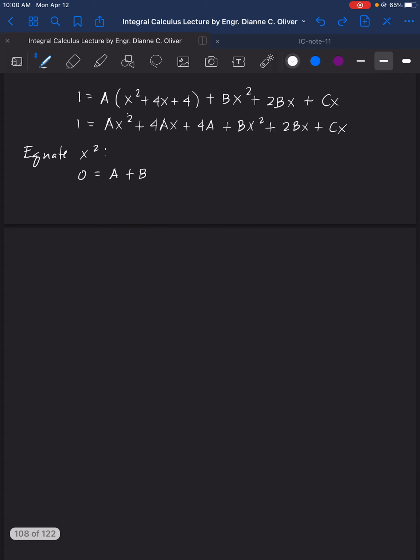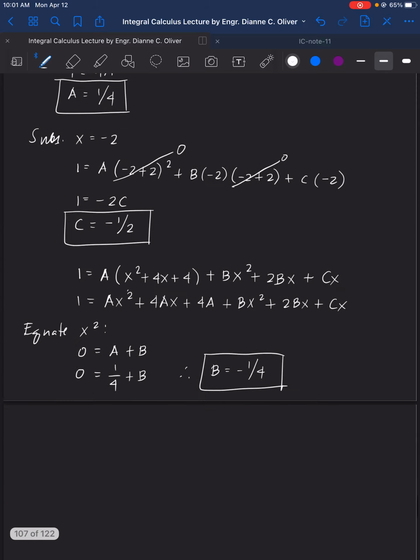So we have here 0 is equal to 1/4 plus b. Therefore, b is equal to negative 1/4. Okay. So now we were able to find the values for a, b, and c.